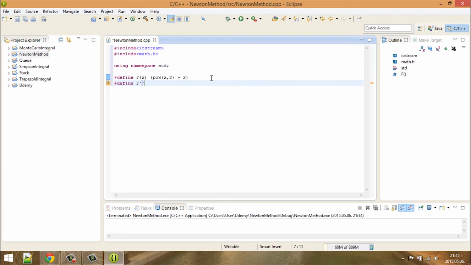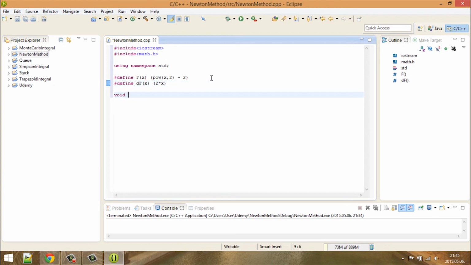And of course we have to define the derivative of this method, which will be, for example, df(x), which will be, if you are familiar with derivatives, 2 times x.